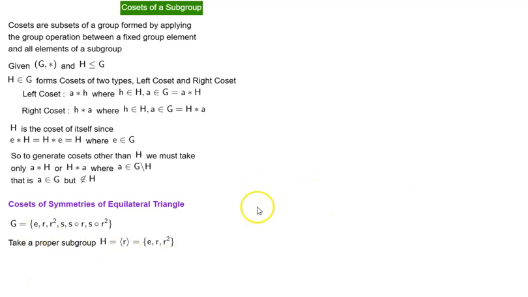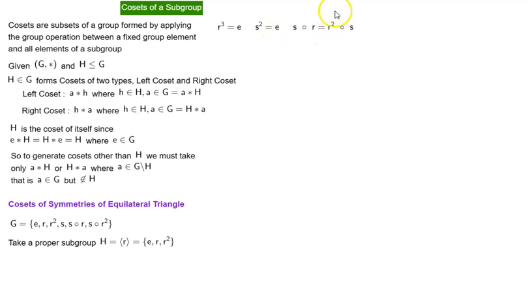Now, because we are going to do multiplication in this case, let's put some standard ones. So R cube, remember rotation by 120 degrees is R. So we apply it 3 times, which means we come back to 0, which is nothing but E. S square, if we do a flipping across a line of symmetry twice, we come back to the original position.